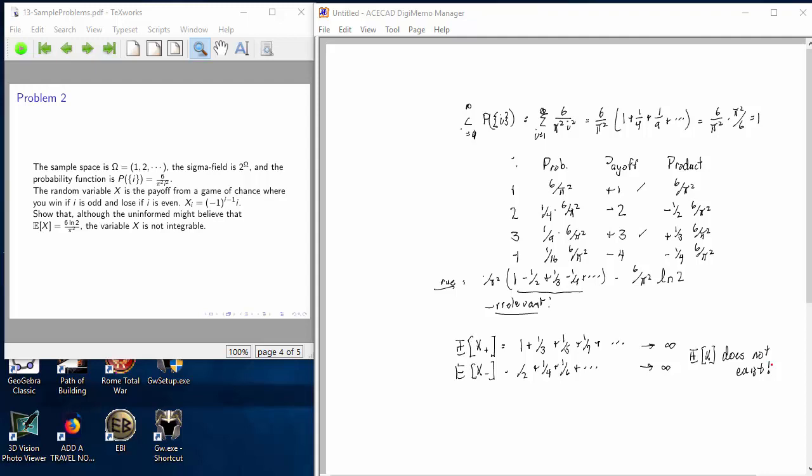Now, if you think about this as an actual game, this conclusion is realistic. If you and I are playing this game, and I agree with you that I'll be a nice guy, and if a large odd number turns up, I still won't make you pay me any more than $1,000. So if I bound it below, then this is a very good game for you.